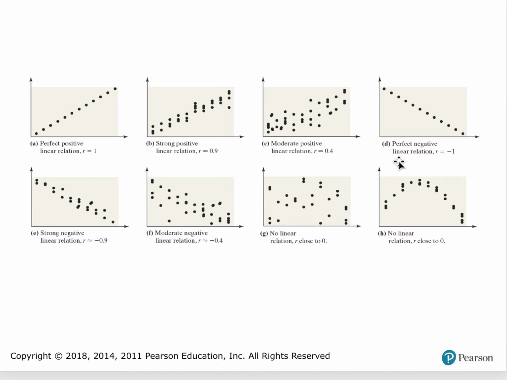Perfect negative, r equals -1, r equals -0.9. It's obviously a strong negative linear relation, and here r is -0.4, maybe a linear association, maybe. Here r is really close to 0. Both of these are really close to 0, and I don't see any line in there at all. Doesn't mean there may not be some relation, but it's not linear.